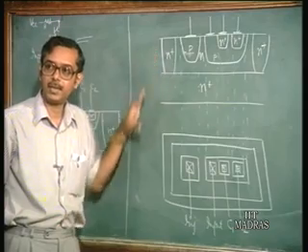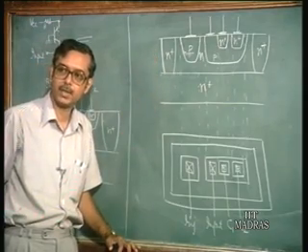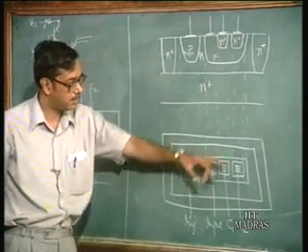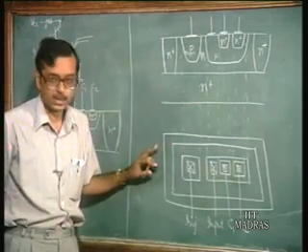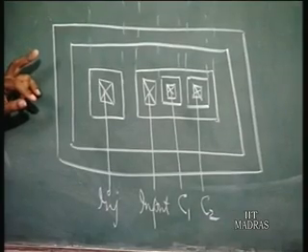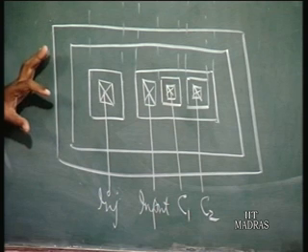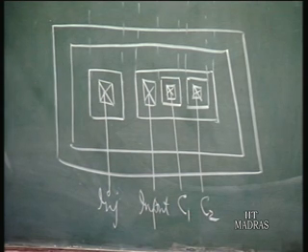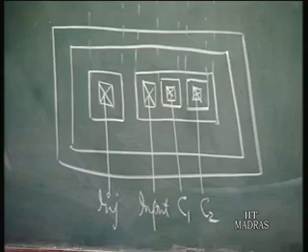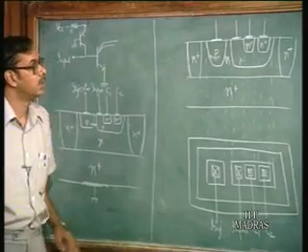So this is how you fabricate the I squared L cell. This is very important because we shall be coming back to mask drawings again. We shall look at mask drawings for more complicated circuits. So this is how it looks from the top.